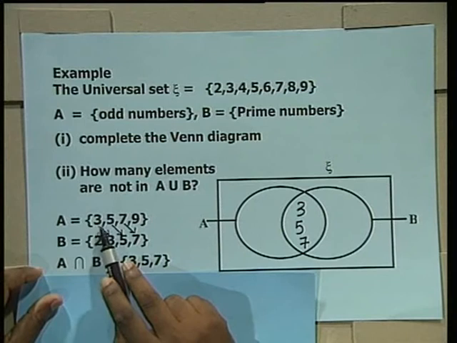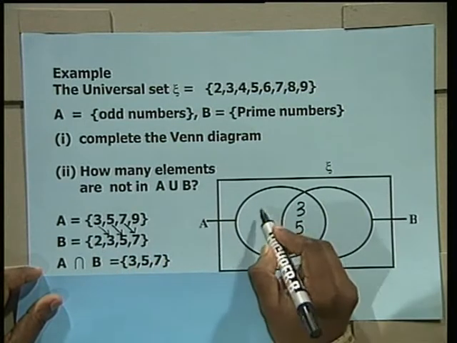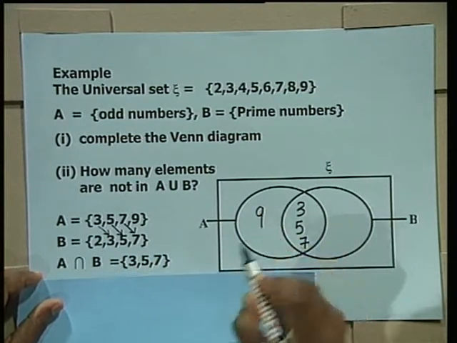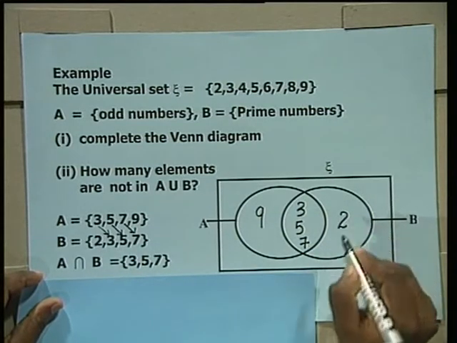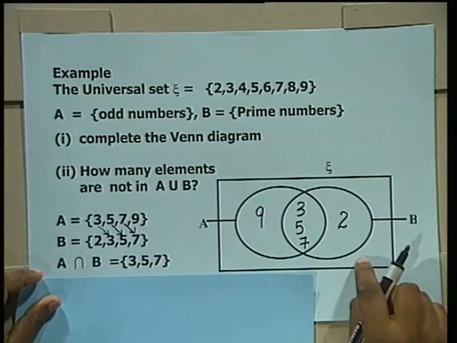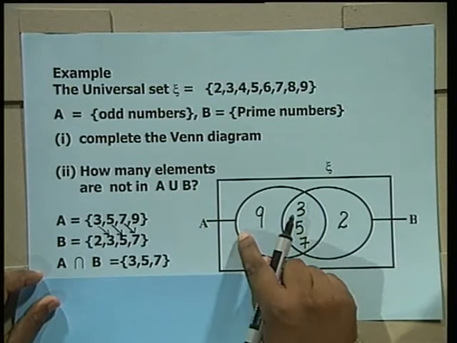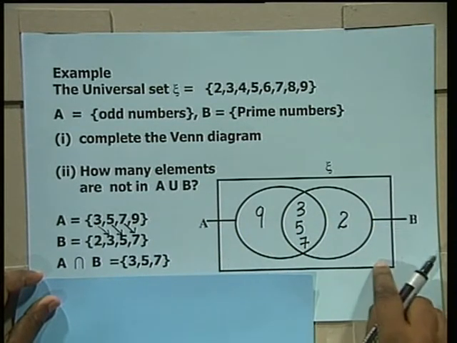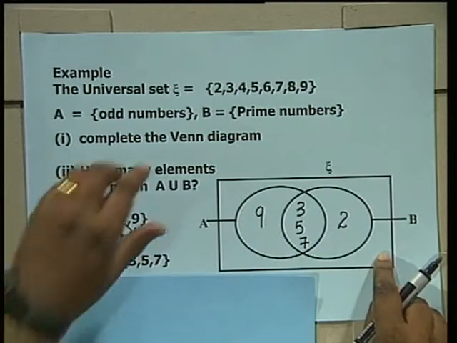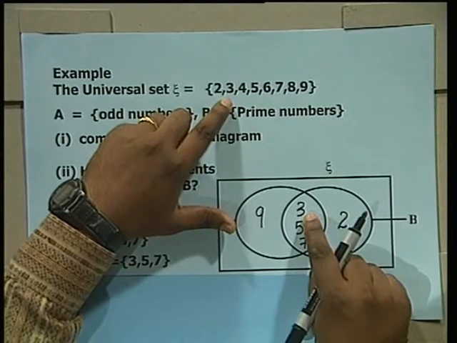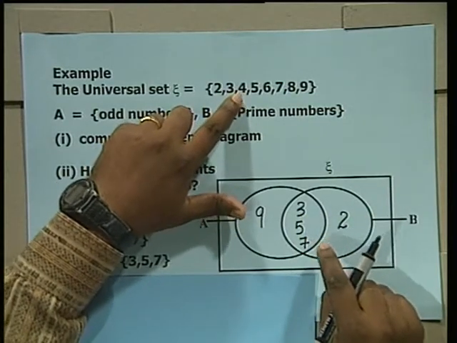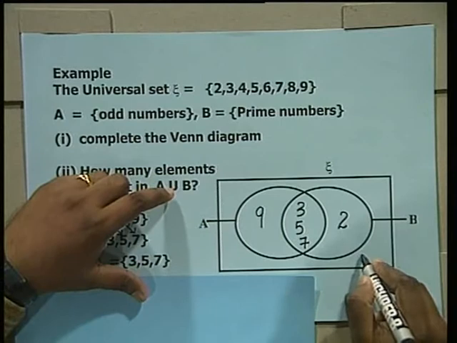What remains in set A is 9 only. What remains in set B is 2 only. Now, don't forget that there is a set which is A union B dash, that is outside A union B. So we have taken 2, we have taken 3, we haven't taken 4, so 4 will go outside.